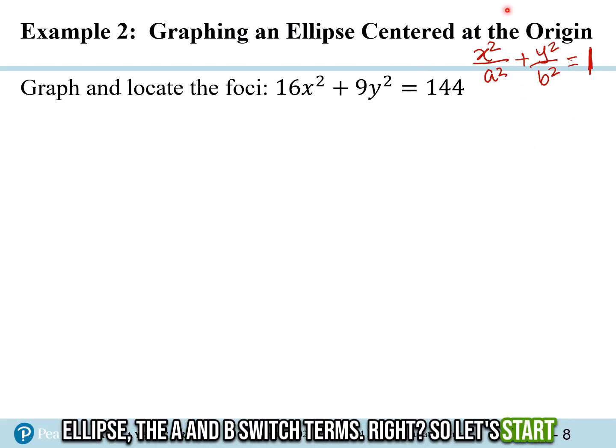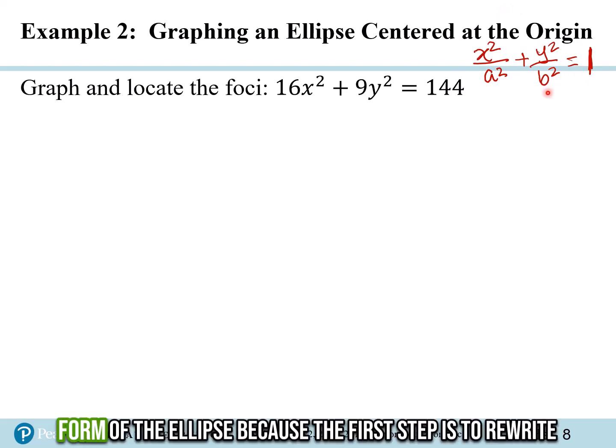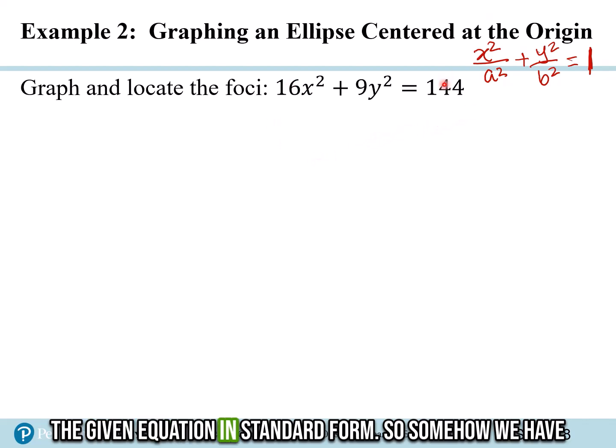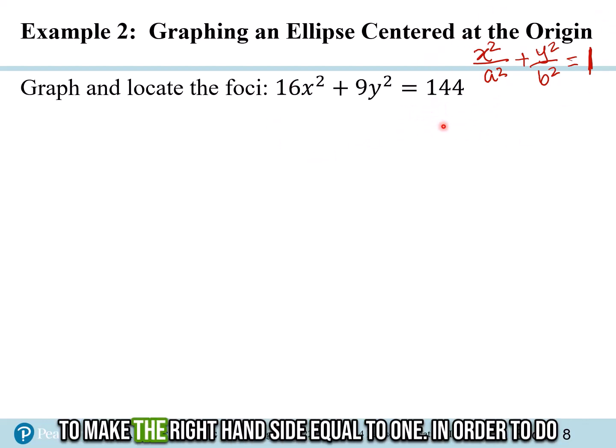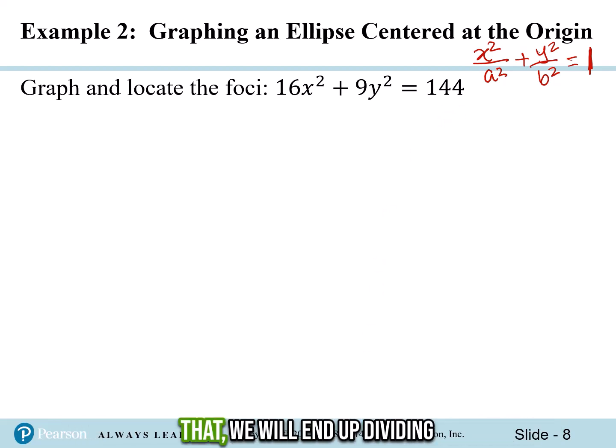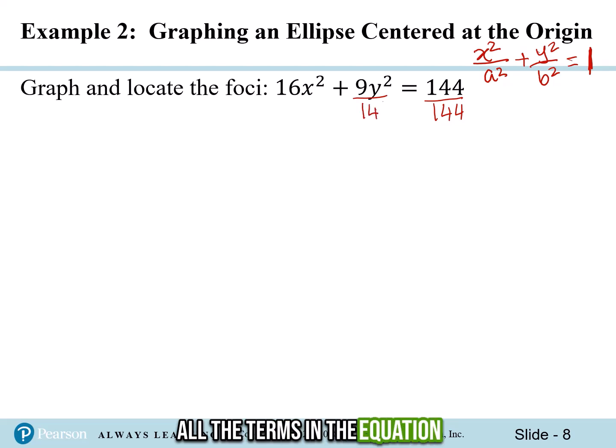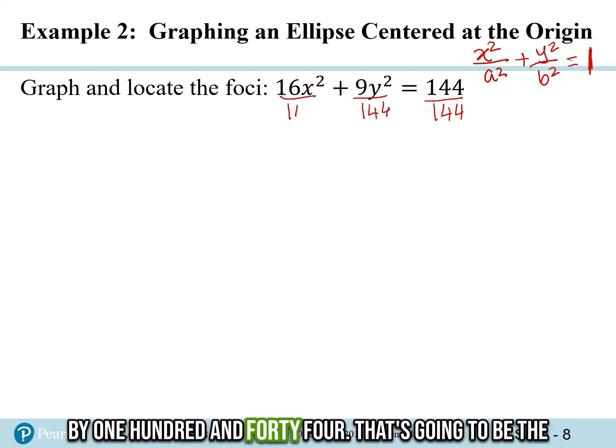So let's start with the horizontal form of the ellipse, because the first step is to rewrite the given equation in standard form. So somehow we have to make the right-hand side equal to 1. In order to do that, we will end up dividing all the terms in the equation by 144.